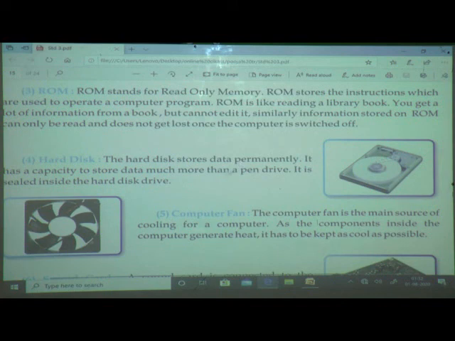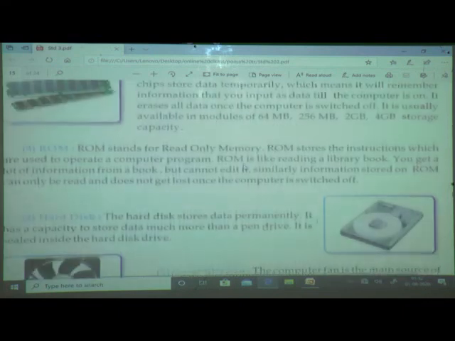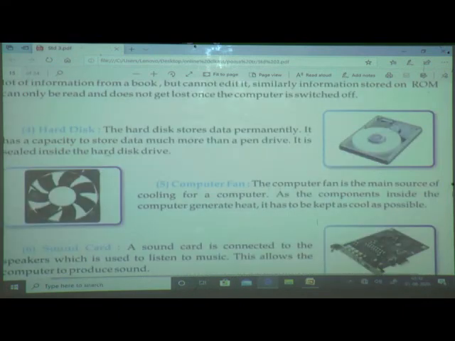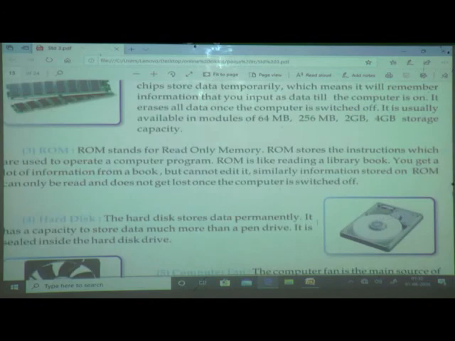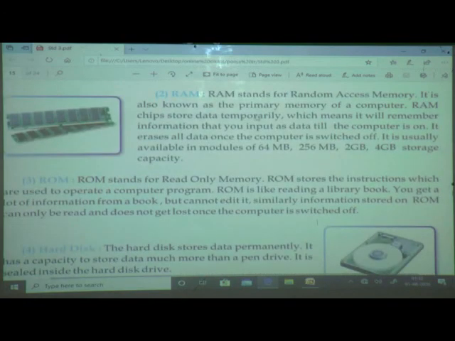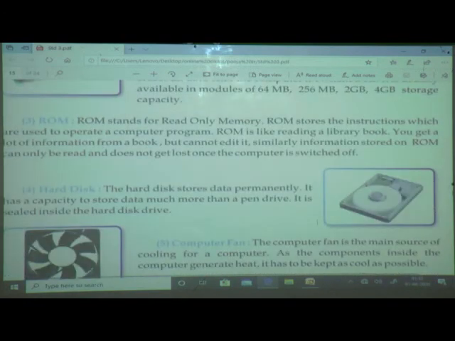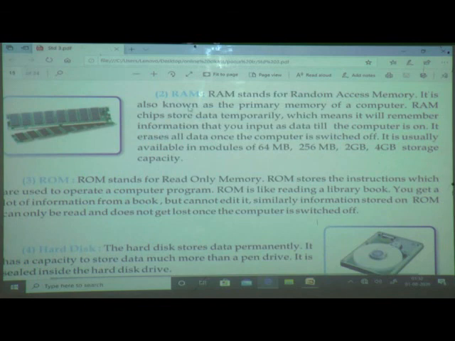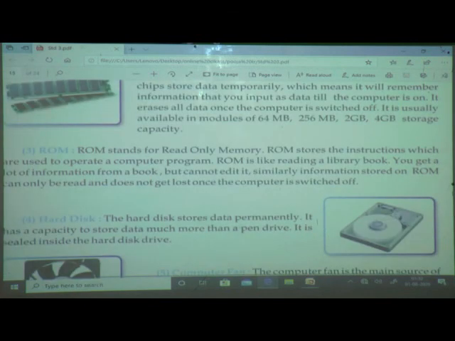It stores the data permanently, like a ROM. In RAM there is only temporary data, but in the hard disk we can store data permanently.